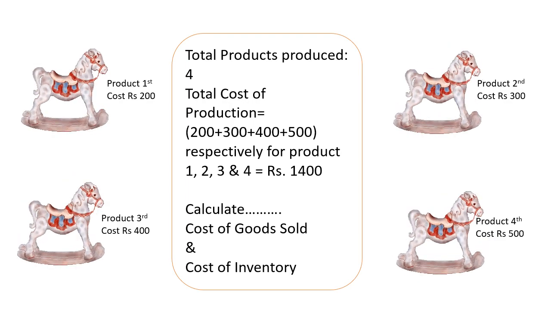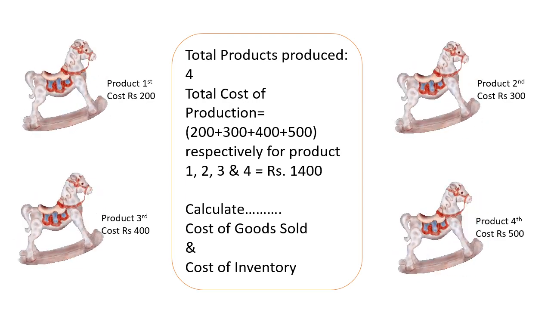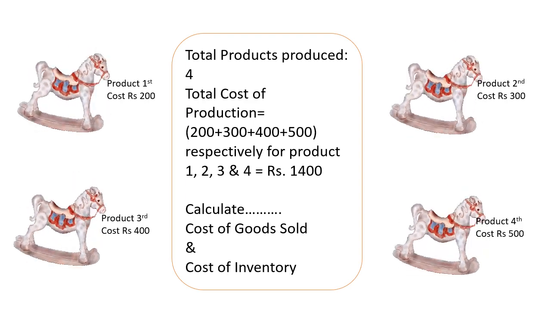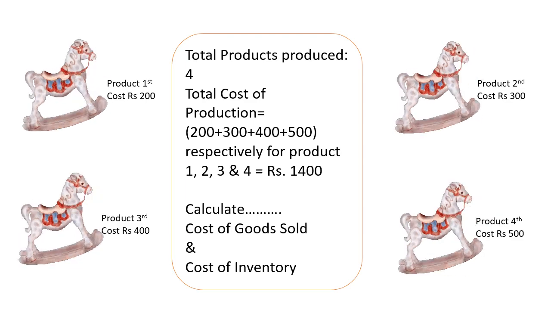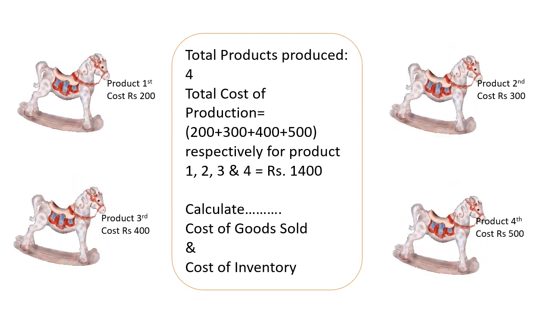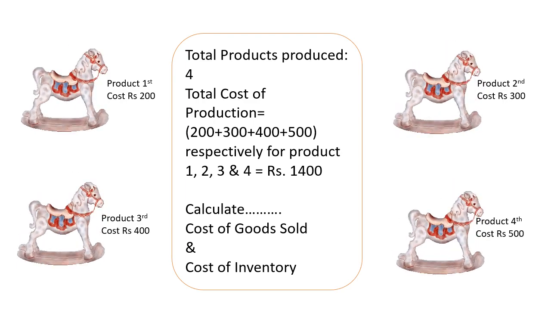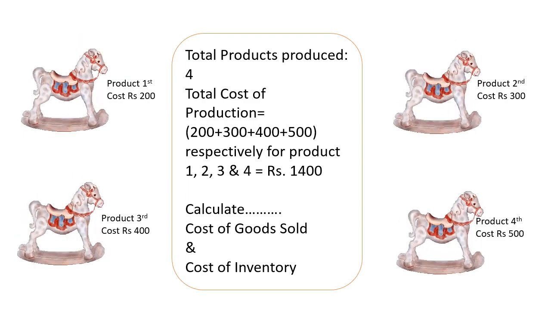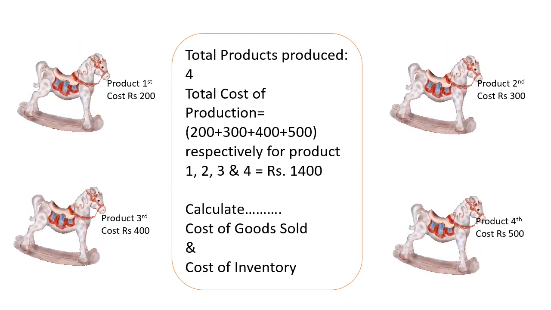Here in this particular diagram, we are taking an example of a toy industry which is producing toys. Here we are seeing 4 different diagrams of dancing horses. The total products produced in this example is 4.